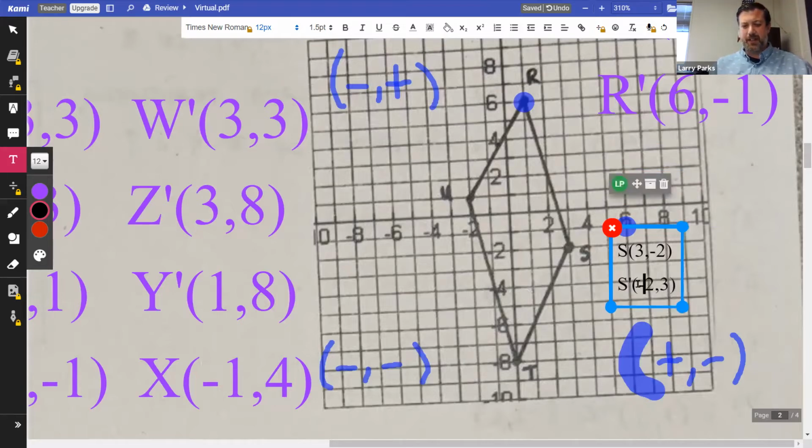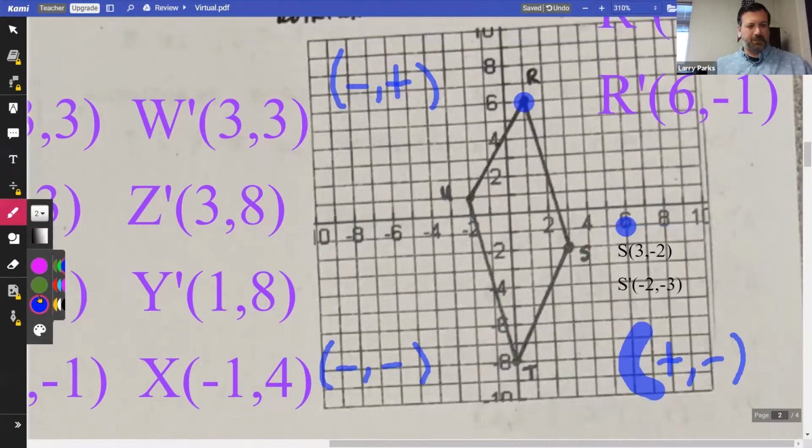So I'm going to change that to negative and negative. That means S started here, it's going to rotate, go to negative 2, negative 3, it's going to end up right there. Started there, worked its way there.